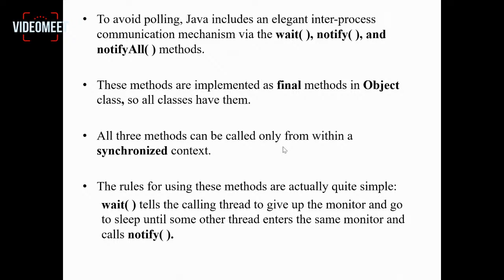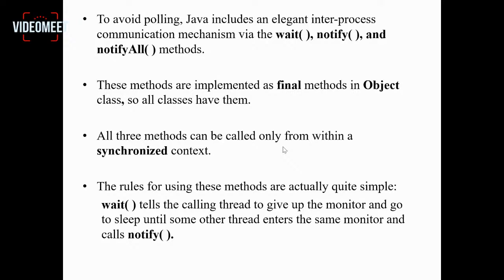Instead of using them, we are going to use a more efficient way, which is called inter-process communication. That means all the threads which are requesting the shared resource will communicate with each other. Okay, so these methods: wait, notify, and notifyAll.